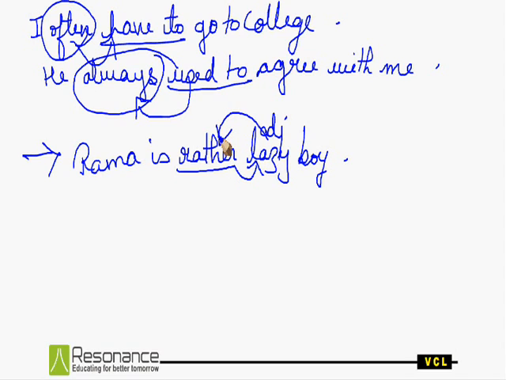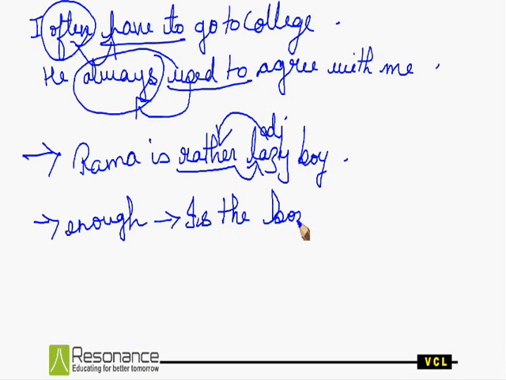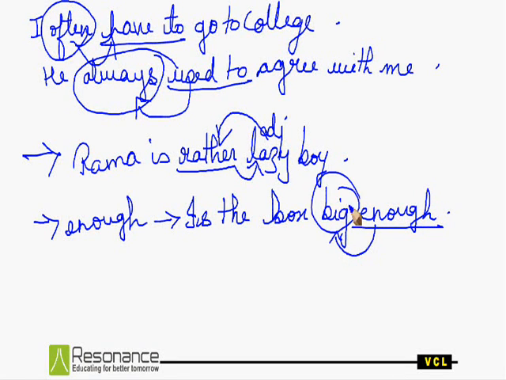Like, Rama is a rather lazy boy. So rather here is the adverb and the adjective is lazy. But the adverb enough is always placed after the word which it modifies, like, is the box big enough? So here enough is coming after the word big, which it is modifying.